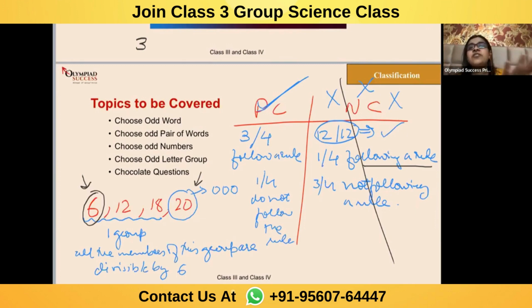Okay. Just for information, what is prime numbers? Prime numbers are those numbers which are only divisible by itself and 1. No other number in the table divides prime numbers. Okay. That is prime numbers. Prime numbers will be one of the most commonly used logics in the upcoming questions.